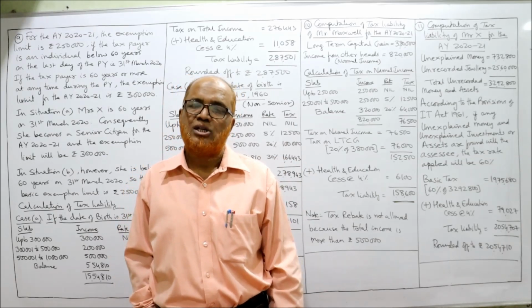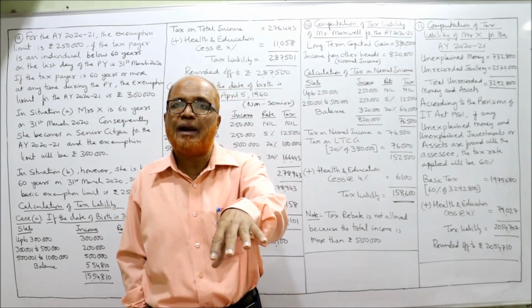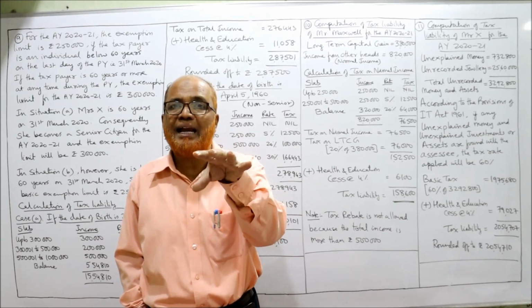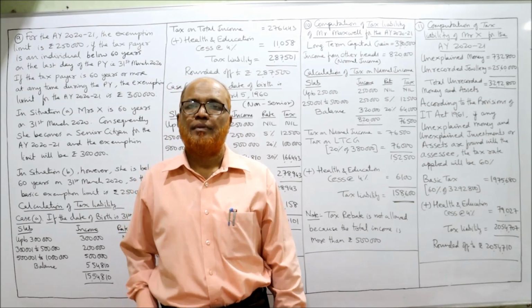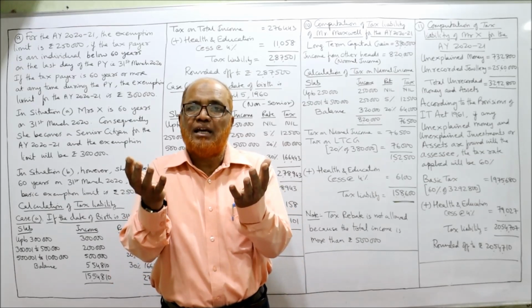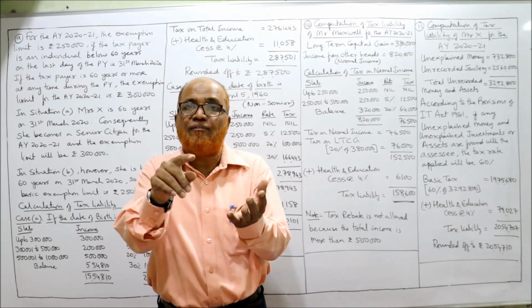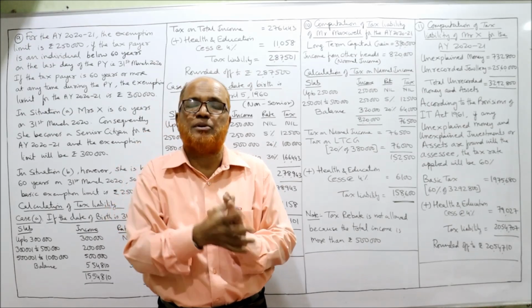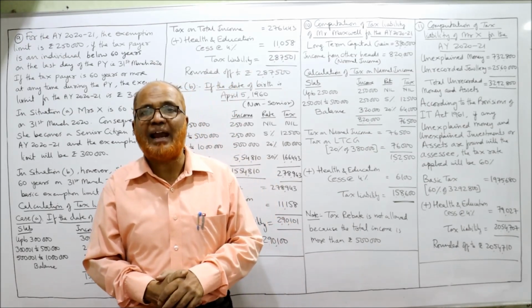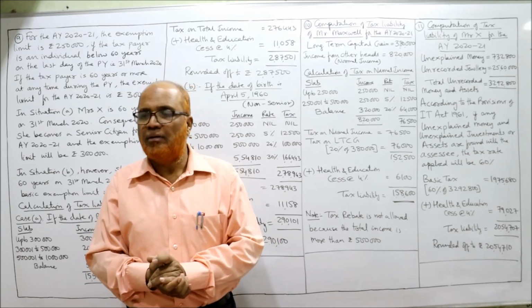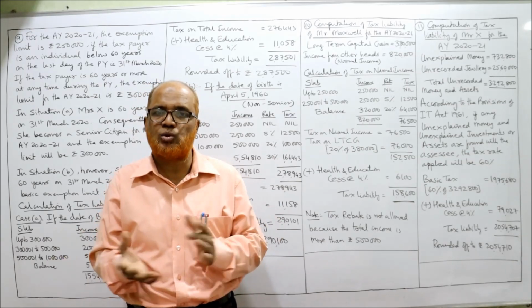So if a person has unexplained money, unexplained assets or unexplained investments, it will be taxed at a flat rate of 60%. Apart from that, 4% health and education cess as usual.